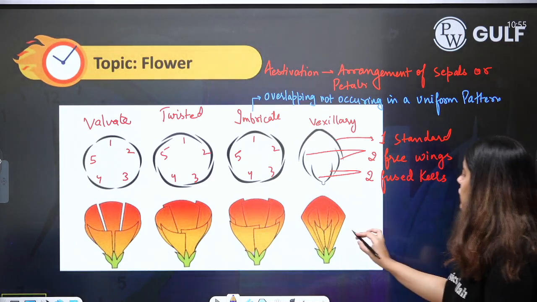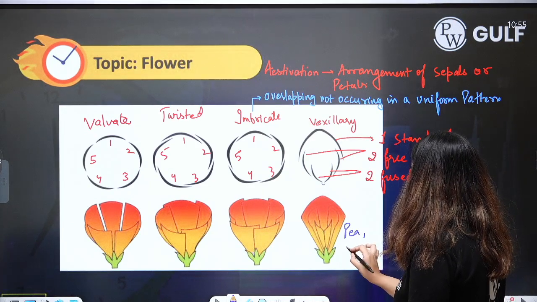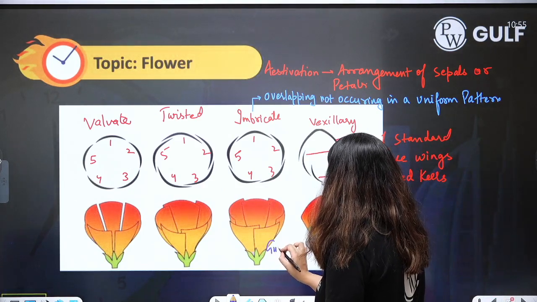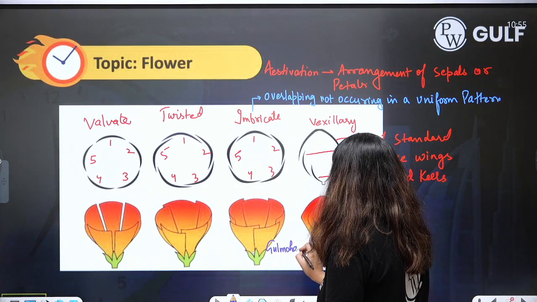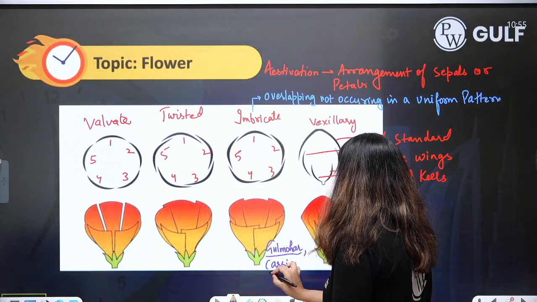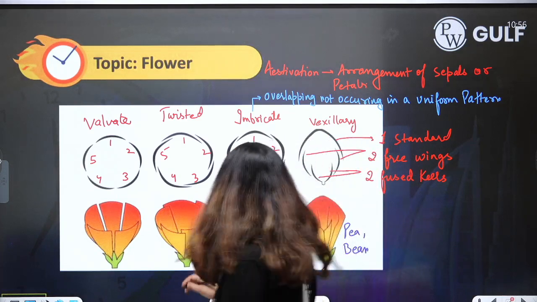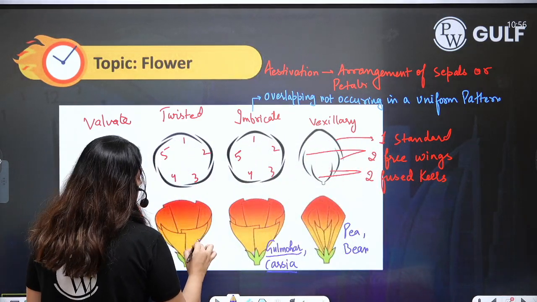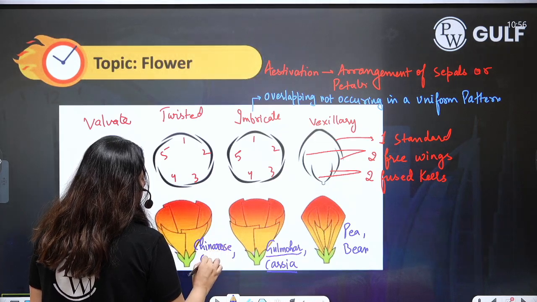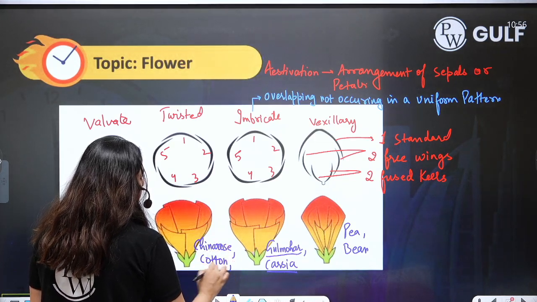So examples of vexillary estivation are pea, bean. Examples of imbricate are gulmohar, acacia. Examples of twisted are China rose, cotton, ladyfinger.